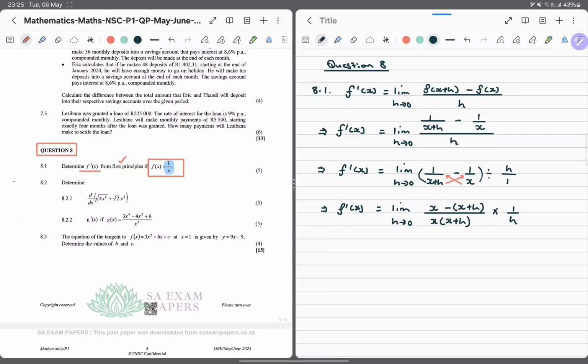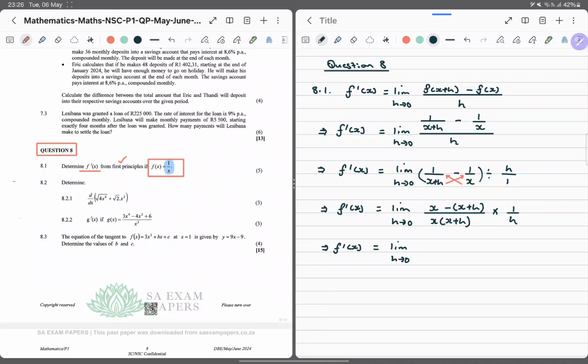At times there are certain actions you would rather you don't delay too much. Okay, let's just move on nicely. f prime of x is equal to the limit as h tends to 0. Now we break the bracket using BODMAS, right? And certainly all numerators multiplying and all denominators multiplying.